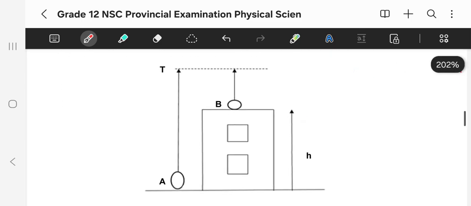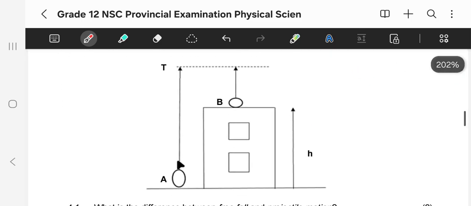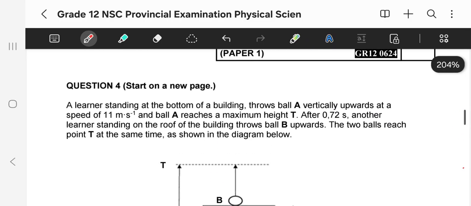This is our diagram, and we see that ball A is thrown from the ground going up, and ball B is thrown from the top of a building going up, and they both reach maximum height T. Now guys, I'm going back to reminding you that if an object is thrown, then it should have an initial velocity. That means the velocity has to be greater than 0.